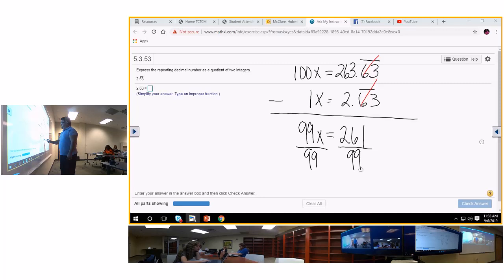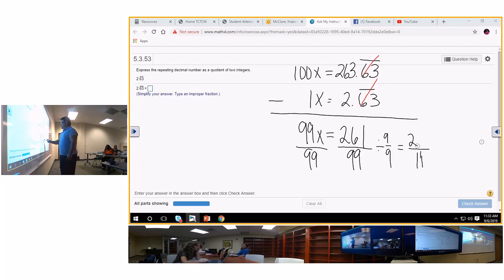And divide by 99. 9 and 11. Nope. 9 times 2 is what? 18? Okay, 9 will go into both of them. Divide by 9 over 9, and that's equal to 11. 9 will go into 26 2 times.